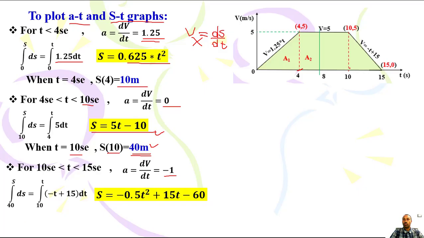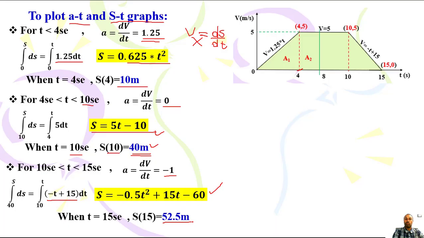Because this is the velocity curve, you have to take from 40 up to s. Then you substitute the equation, then integrate, then finally you have negative t squared over 2, 15t, from 10 to t. After substitution, you get this equation. Then finally, when t is 15 seconds, s will be 52.5 meters.